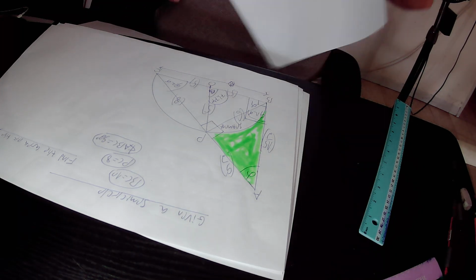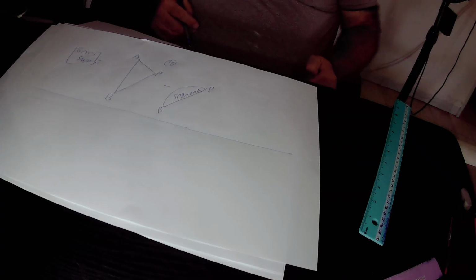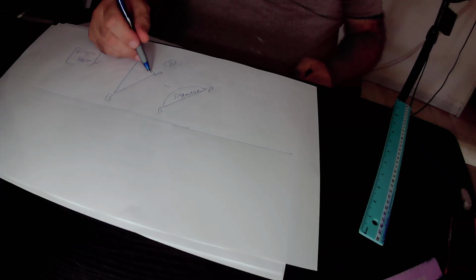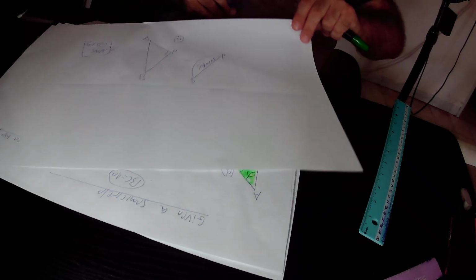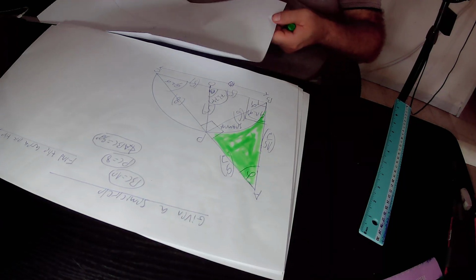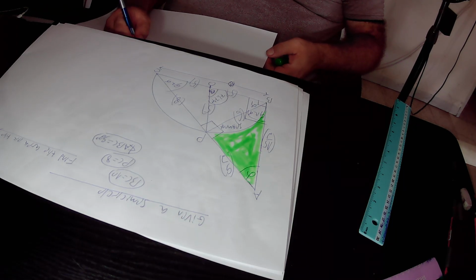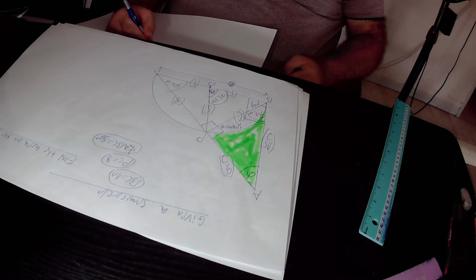Again, the area of the green shape, the area that we are looking for in this question, is equal to the area of the right triangle APB minus the area of segment BP. Side AP equals 4.5, 9 over 2 is 4.5. Side BP equals 6 units in length.